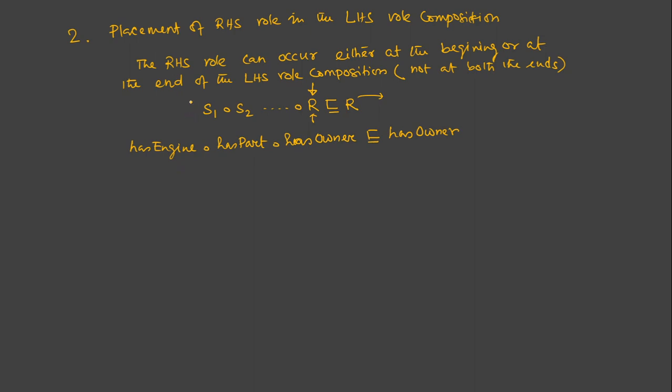Now if you take the inverse of this, it will become R inverse composition Sn inverse, Sn minus 1 inverse, go on like this, then we have S2 inverse, S1 inverse, and this would be inverse of R. So if you take the inverse of this concrete example, what would it become?